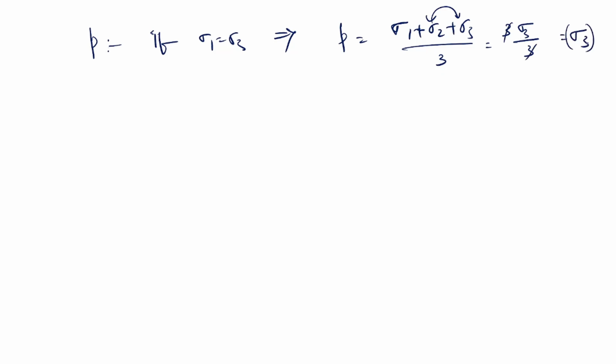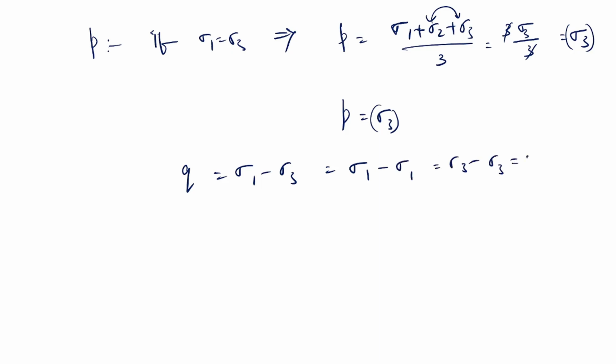You can take any one parameter, because everything is equal to each other. But P has some value. Now what is Q? Q is sigma 1 minus sigma 3. So sigma 1 minus sigma 1, or sigma 3 minus sigma 3, it is 0.